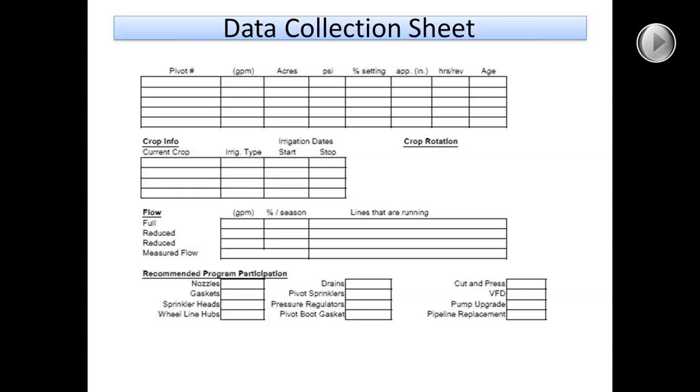And so we want to know what their full flow rate is, how often they're running at that rate, and then which lines. If they have a center pivot and 4 wheel lines, full flow would probably be the center pivot and 4 lines. Then the reduced flow might be just the pivot operating alone or the wheel lines operating alone. And we try and get an idea of what percentage of the season that they operate under those conditions.